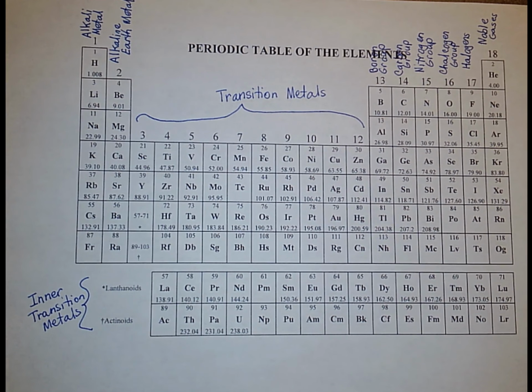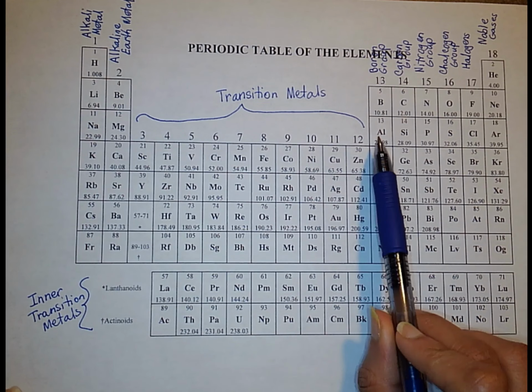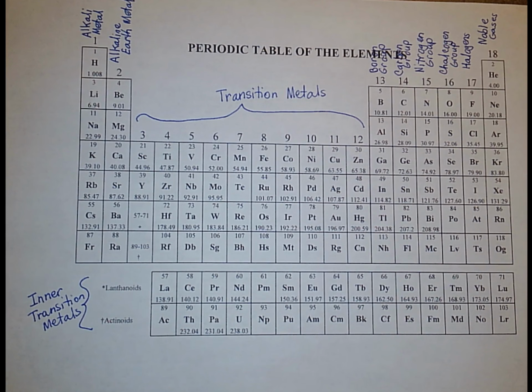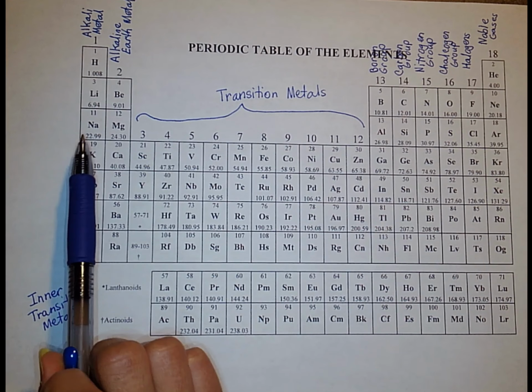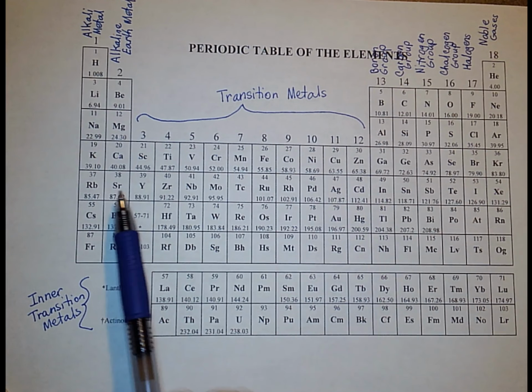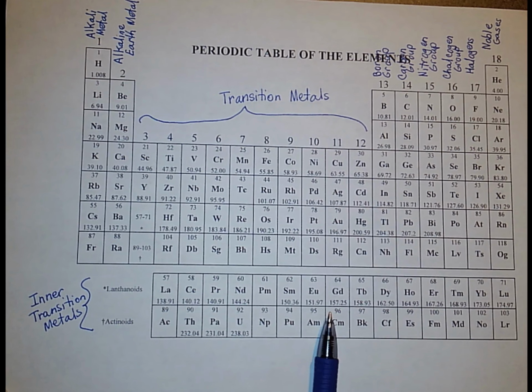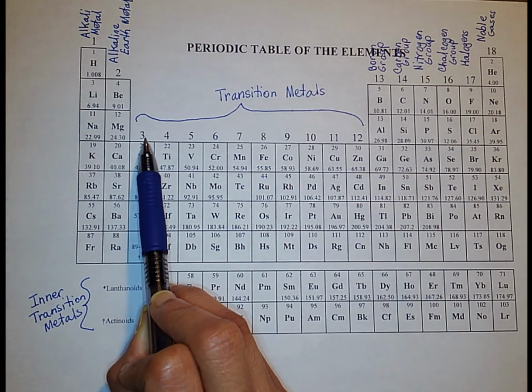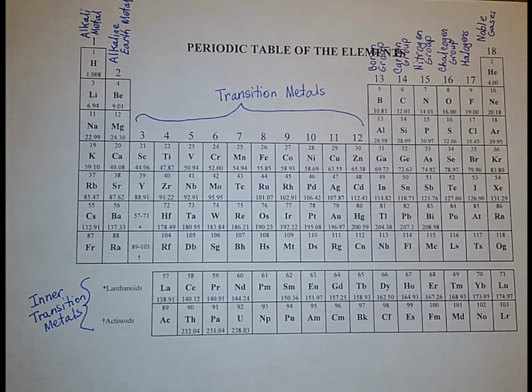Okay, so next, notice that the representative elements are group 1, 2, and then 13 through 18. Normally, if we had a different kind of periodic table, these would be listed as group A, and then the transition metals and the inner transition metals would be considered group B, or represented by the letter B next to each one of the group names.